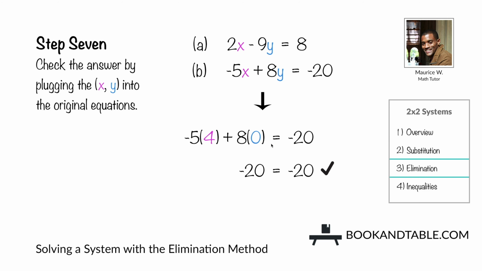And for equation B, negative 5 times 4 is negative 20, and 8 times 0 is 0. So we get negative 20 is equal to negative 20, which is true, thus confirming that x is equal to 4 and y is equal to 0 is the solution to both equations. So that is how you would go about solving a system with the elimination method.